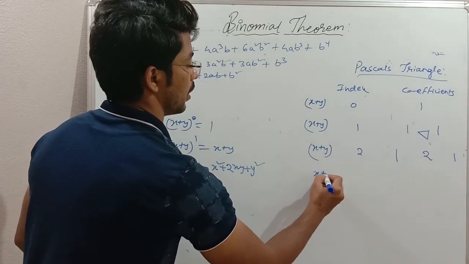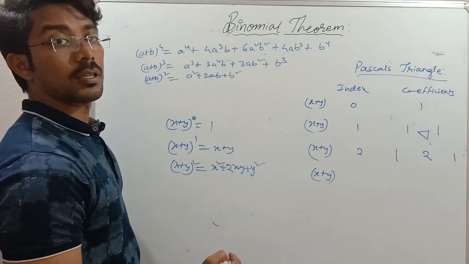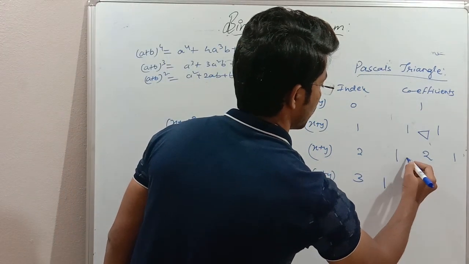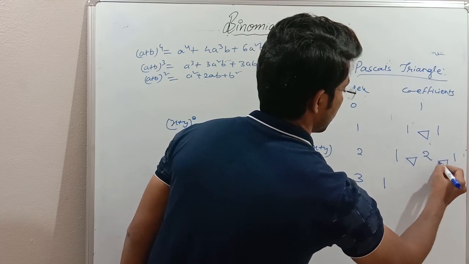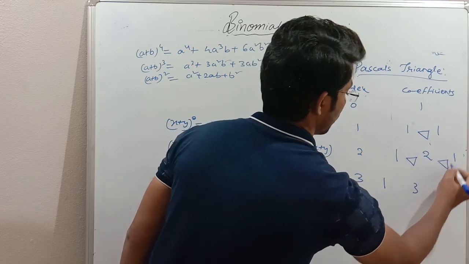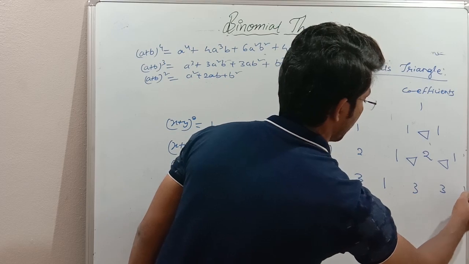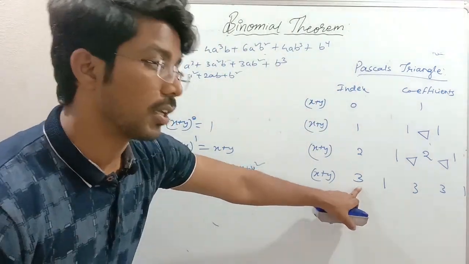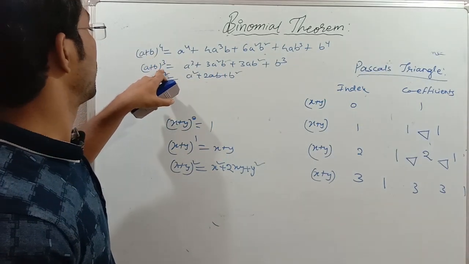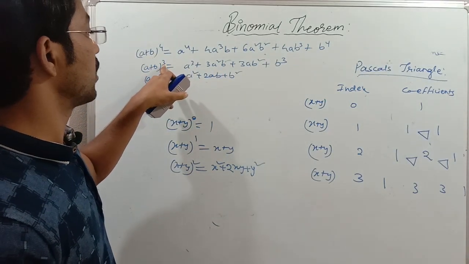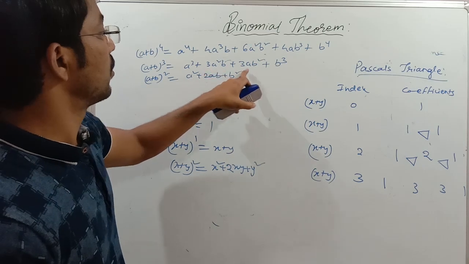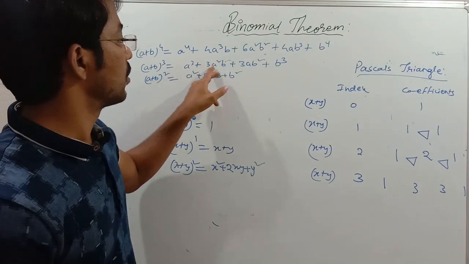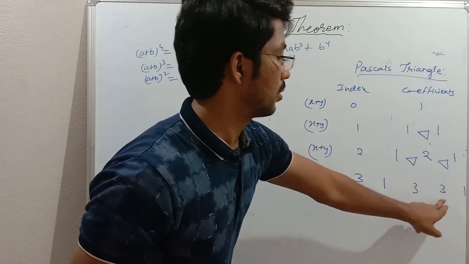Now if I take the index as 3, 1, 1 plus 2 is 3, 2 plus 1 is 3, and 1. Now compare this: whenever the index is 3, the expansion of (a plus b) whole cube has coefficients 1 3 3 1.